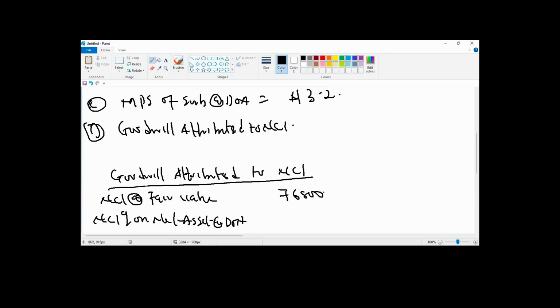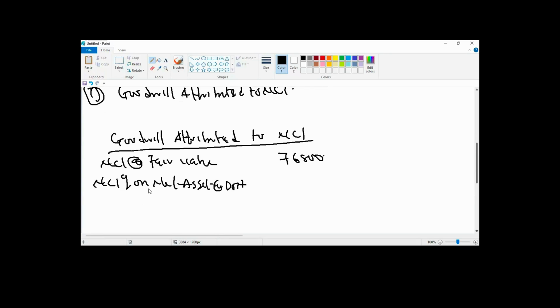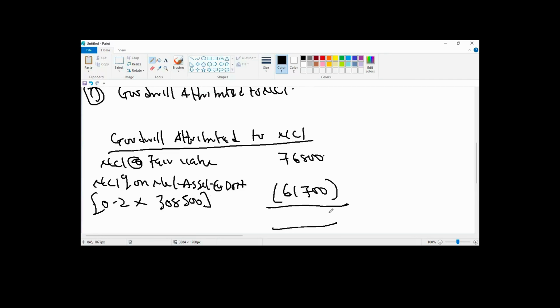This will give me 0.2 times net asset at acquisition, 308,500. What does it give us? 61,700. So if I minus it, this will now give me goodwill of NCI 15,100.